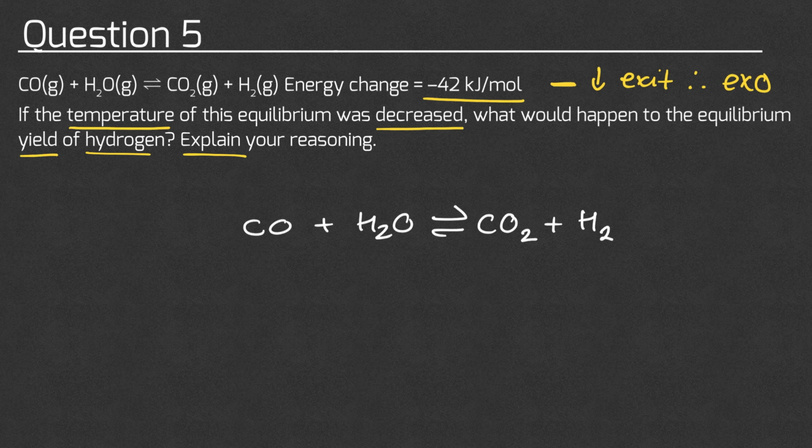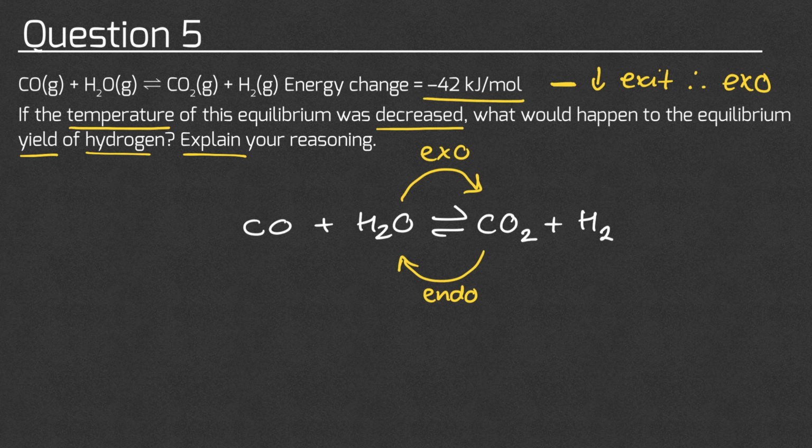As before, we will write out the equation first. Now we need to annotate it with information about the exothermic and the endothermic directions. We know from the question that the forwards reaction is going to be exothermic, so we'll add that on first. We know that if the forwards reaction is exothermic, the backwards reaction must be endothermic.